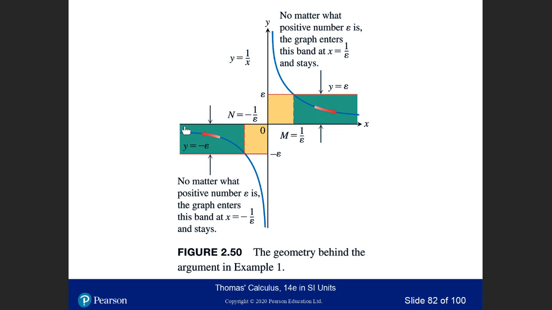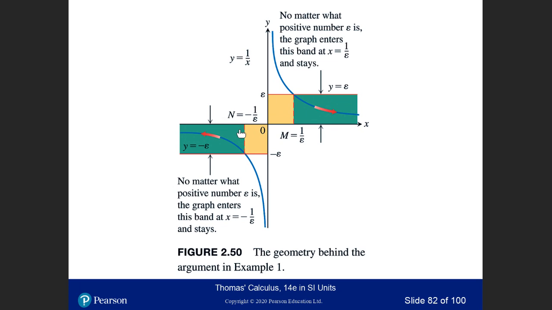It's a negative number, but it goes to 0. Okay, so that's the basic idea. To prove that your function has a limit at infinity, you have to find a number n so that for all x greater than n, your function should stay in this interval on the y-axis between 0 and epsilon.